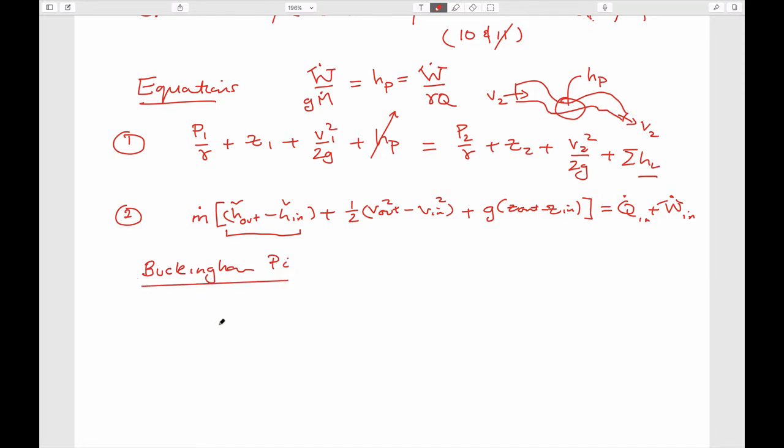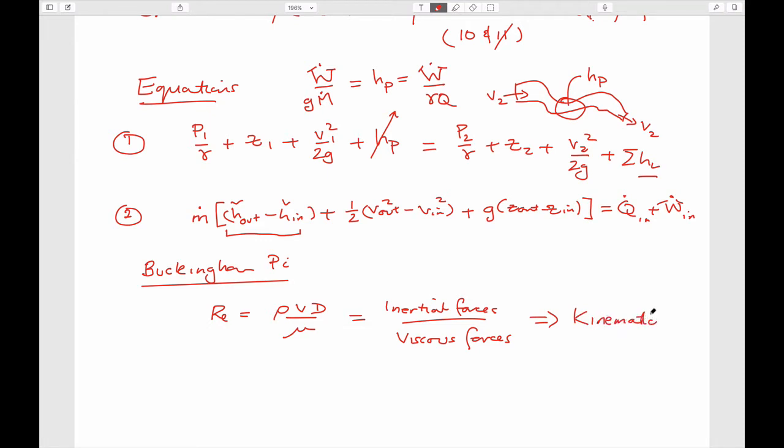And the major variables, I guess, that we deal with are Reynolds number, which is density, velocity, some length scale divided by viscosity, and it's equal to the inertial forces divided by the viscous forces. And this is needed for kinematic similitude.